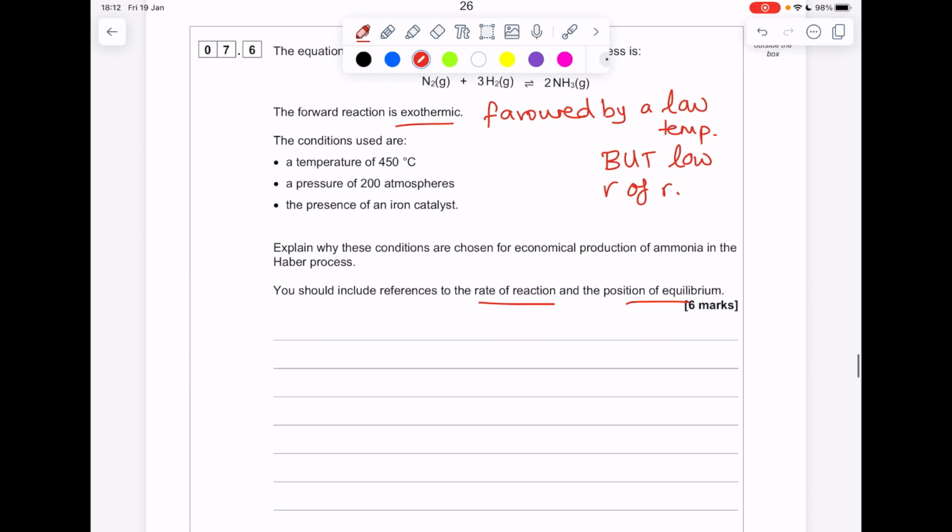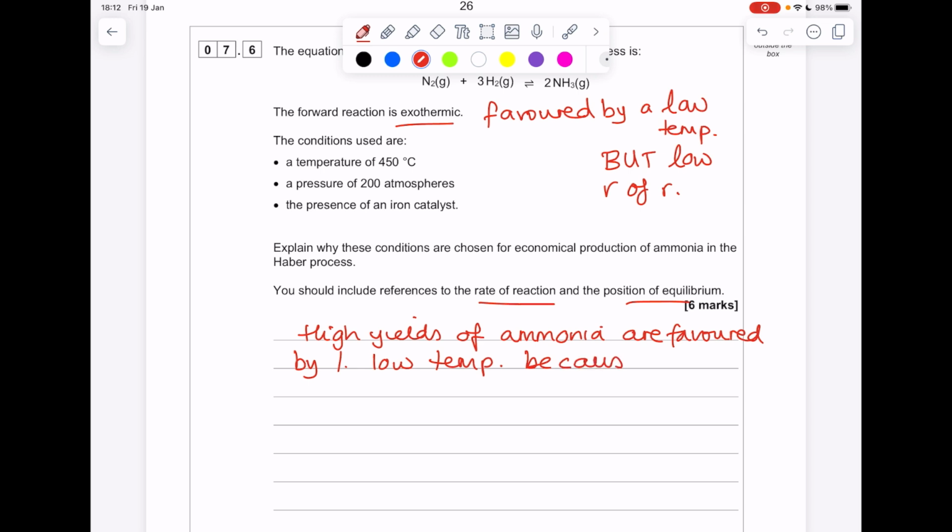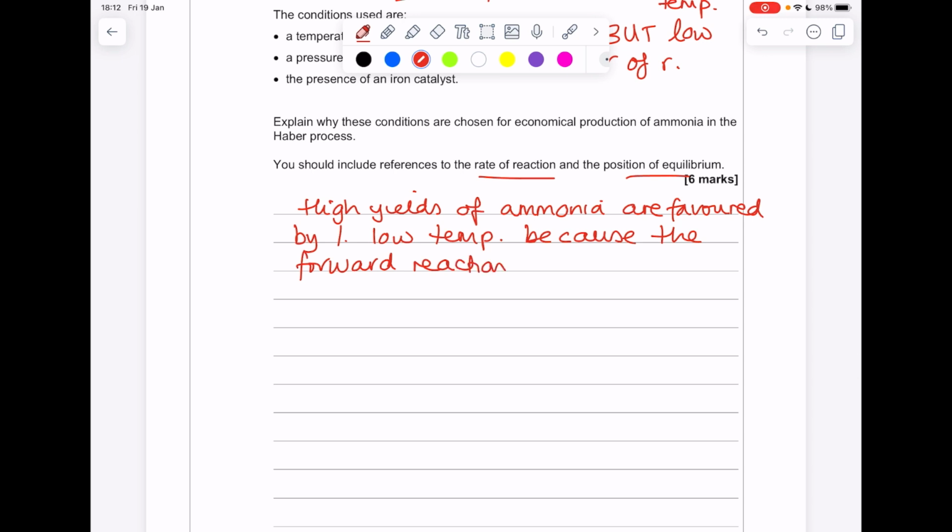So we're going to start by saying high yield of ammonia, and we need to talk about it from both a pressure and temperature point of view, are favoured by, number one, low temperature. Why is that? Because the forward reaction is exothermic. They've told us that in the question, and therefore the position of equilibrium, they've asked me to mention that, so that's why I'm talking about it here.